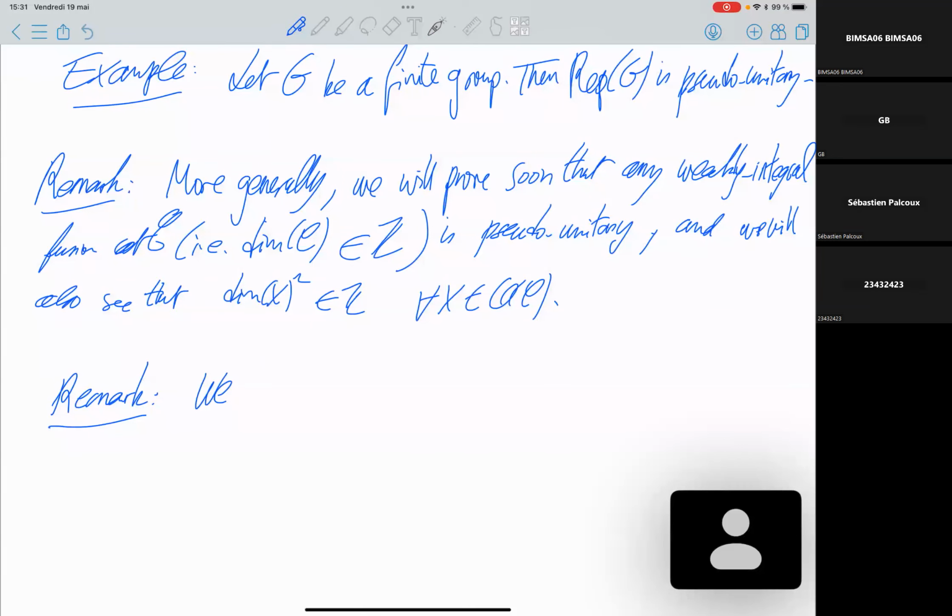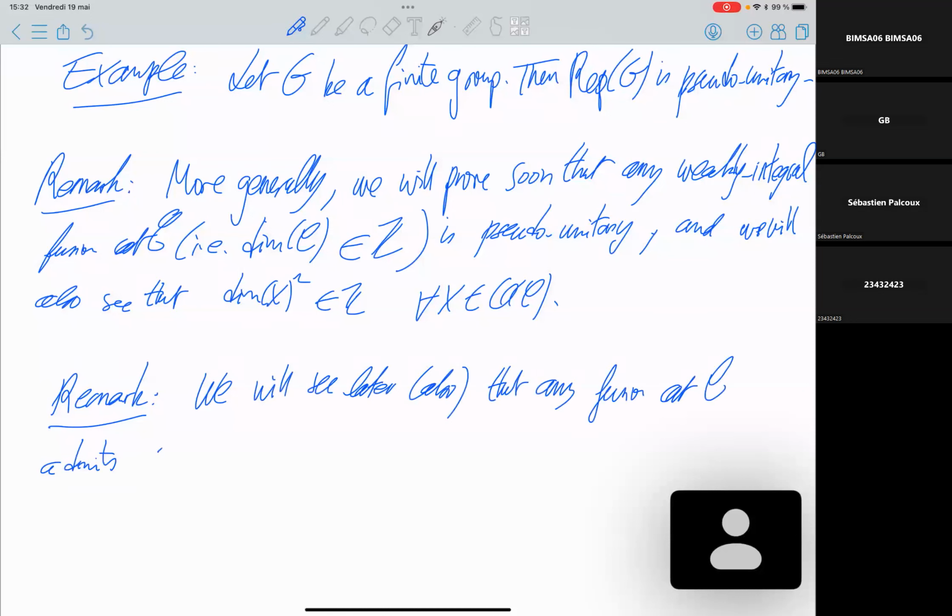So we will see later also that any fusion category C admits a Galois conjugate.